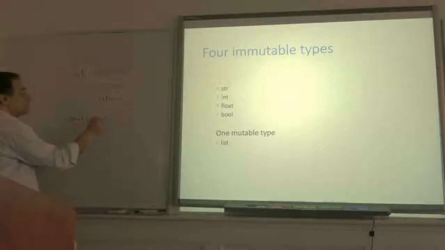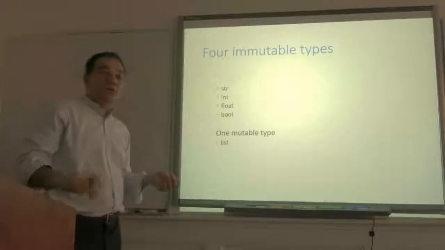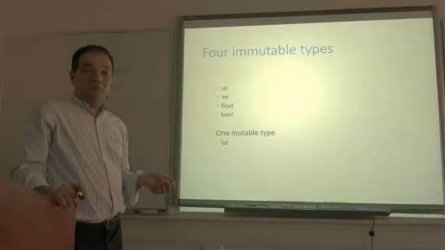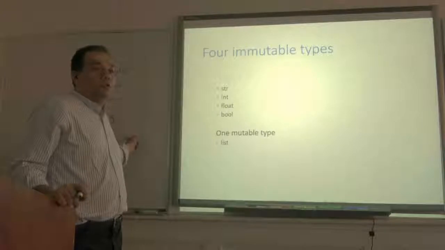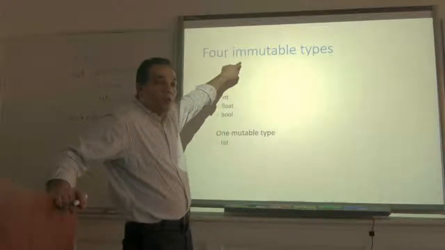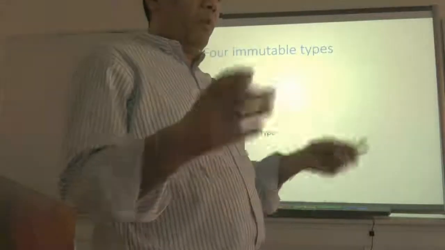It would be 5, equal to 5, because inside the function, it will create a different variable called x. So is this variable mutable or immutable? It's immutable. You cannot change the value in a different block.